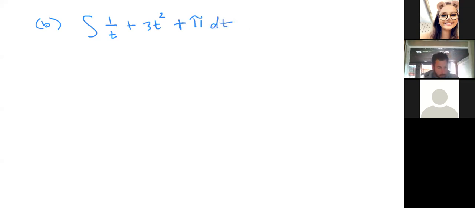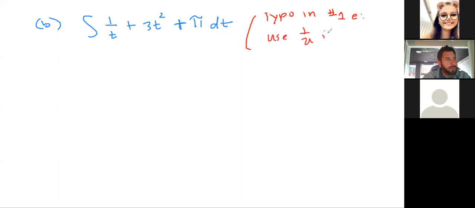By the way, it should be noted that there's a slight typo in the homework. It's not a typo, but we don't know how to do it yet. So there's a typo in number 1, E. Use 1 over u instead of log u.